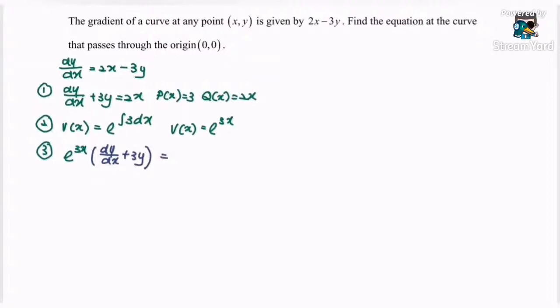Simplify the situation and we will obtain d dx multiply with e 3x multiply with y is equals to 2x multiplied with e 3x.